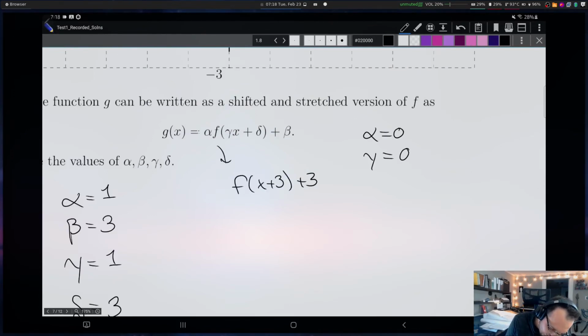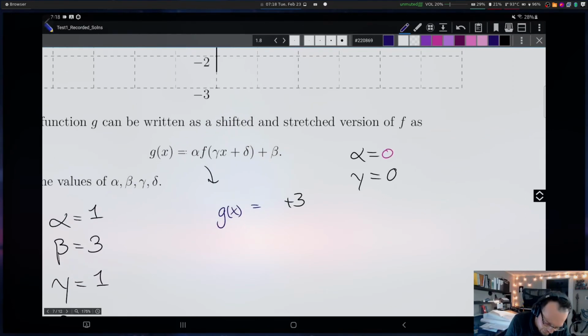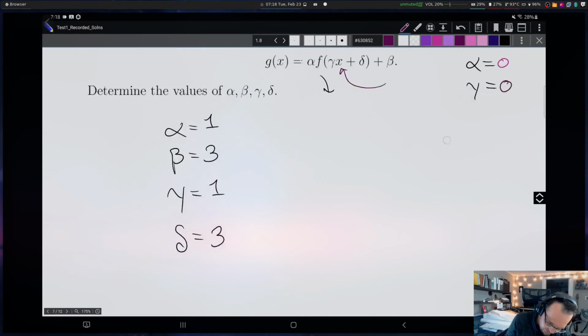That's a problem, because if alpha is 0, then this whole thing gets zeroed out, and you just end up with g of x equals plus 3, a constant function. So you don't want to do that. You've squished the graph down by scaling it with the 0 out in front. If you plug in gamma equals 0, kind of the same thing happens. You zero out that x, and it crushes the graph. So you don't want to do that. These are the 4 you want.